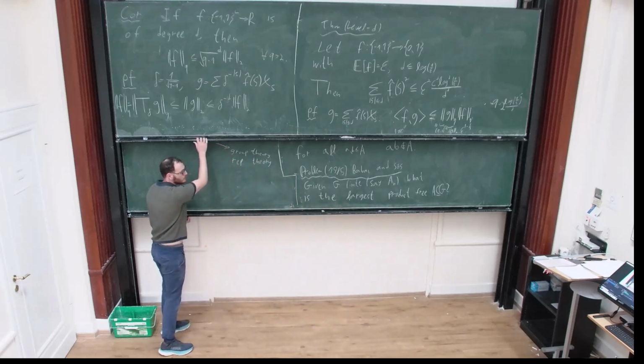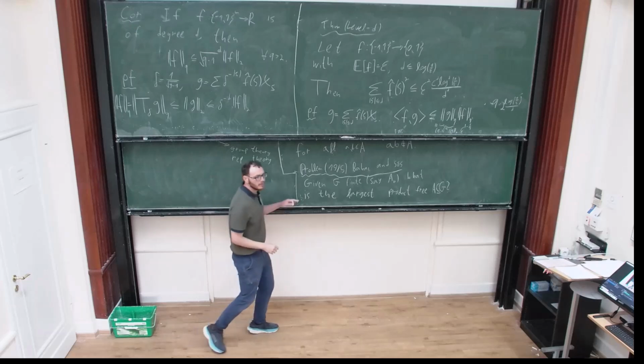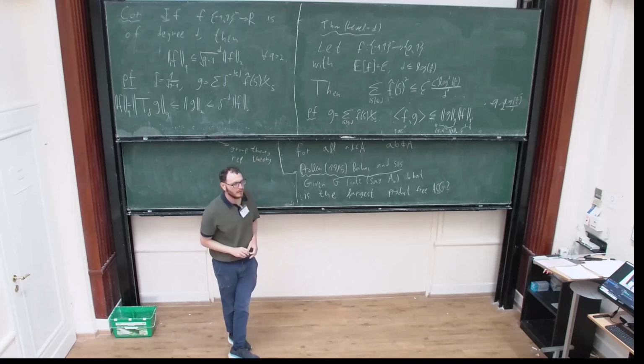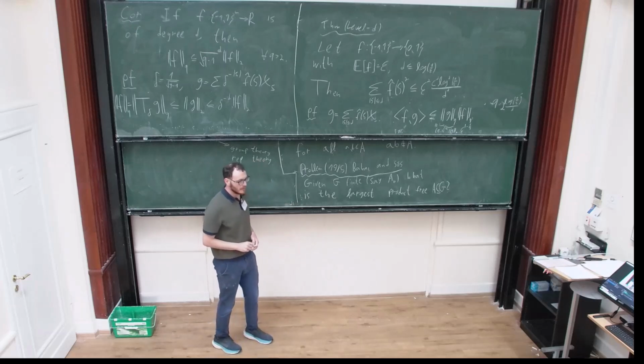What does it mean, A_n? The alternating group. The group of even permutations.